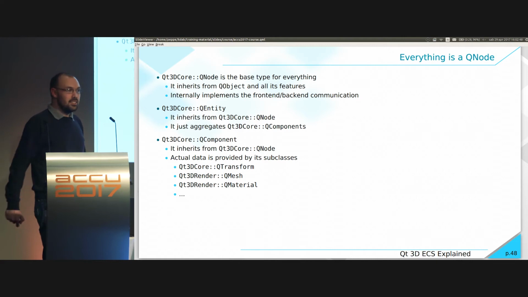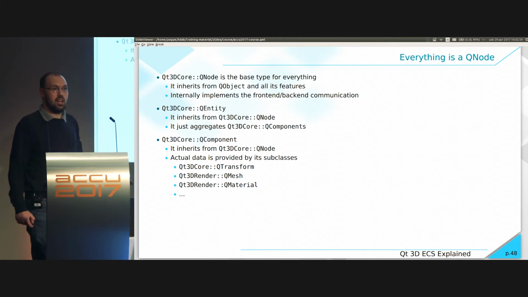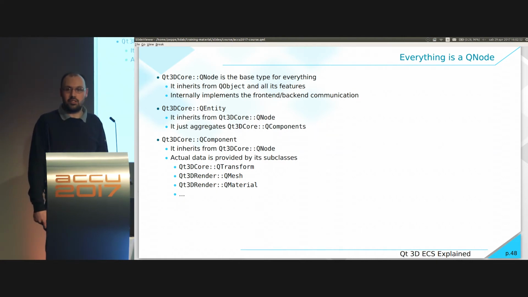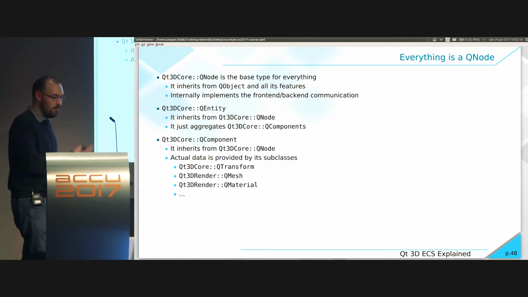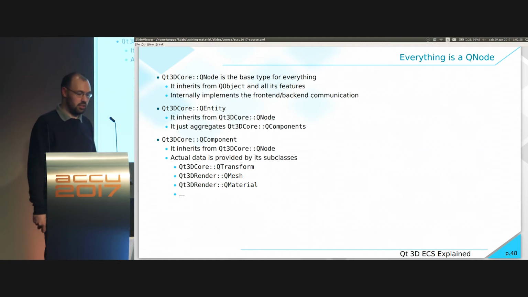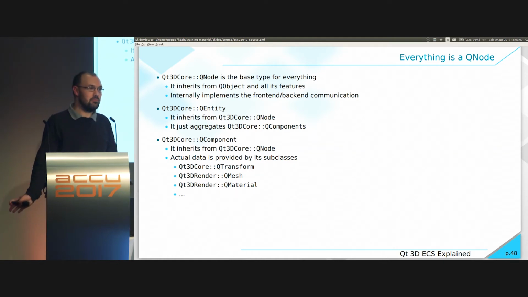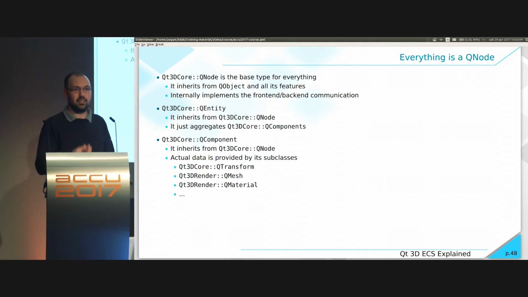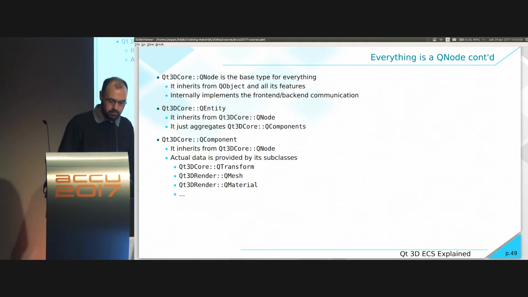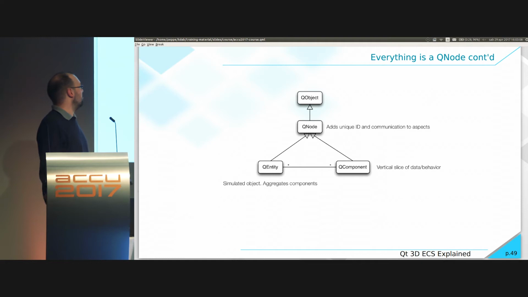Then I got an entity, which is a subclass of node, and an entity basically doesn't do anything. It's just a way to aggregate components. And then finally, I got the components, which are of different kinds. I got transformation, mesh, material, and so on. Those are the things that provide information about what my entity can do. If you want to see an inheritance diagram, it looks more or less like that.